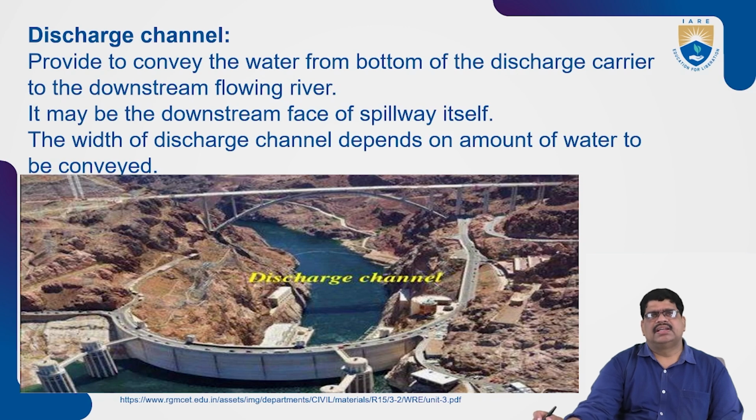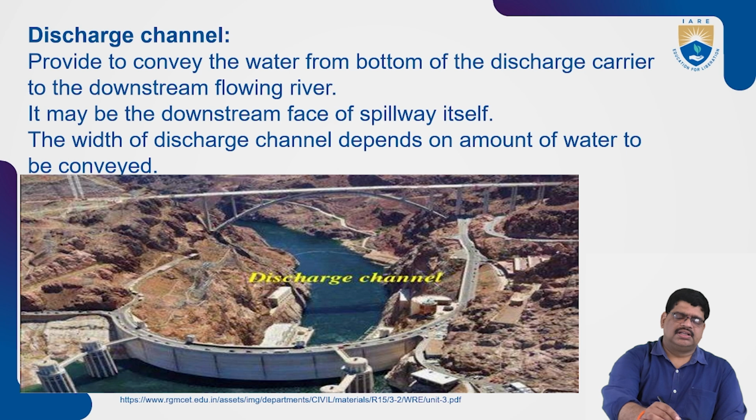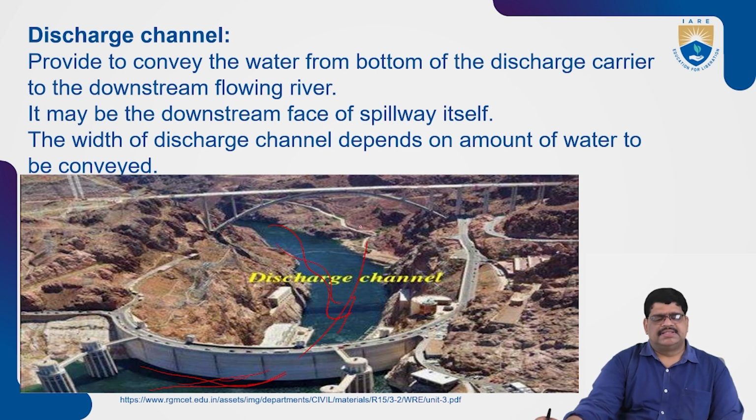The width of the channel depends upon the amount of water to be conveyed. So the discharge channel will be provided as per the availability of water and the quantity to be conveyed. This shows how much water can be discharged. So the discharge channels can be constructed in the dam.